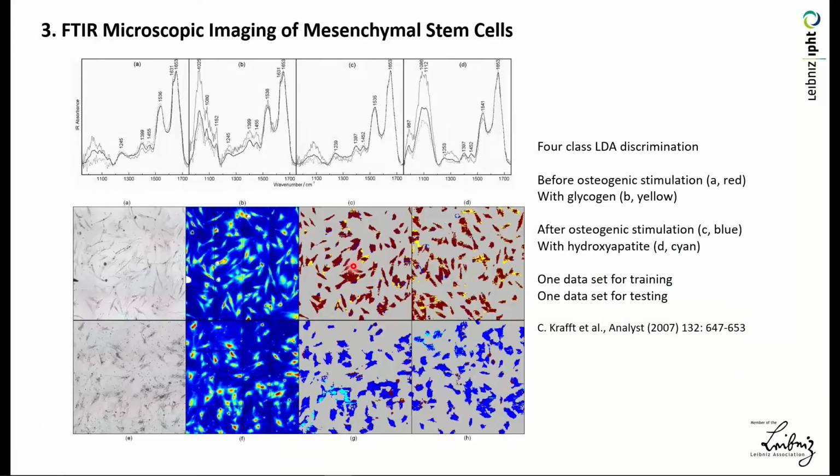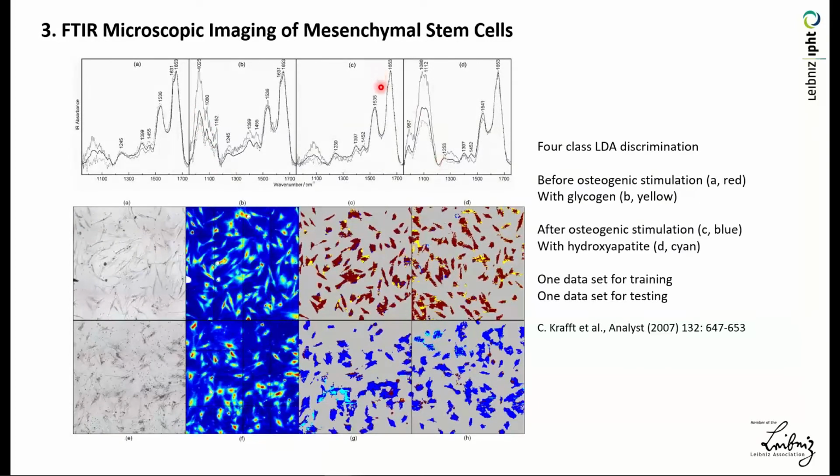In this paper from 2007, I studied mesenchymal stem cells, and I found 4 classes of cells before osteogenic stimulation. That's the spectrum in panel A. And then there is a subclass in this image where the cells accumulate glycogen.